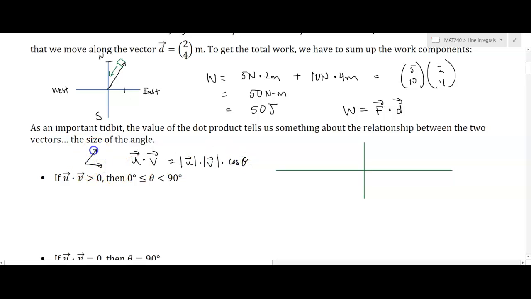So if this is u and v, then the angle between them, theta, connects the relationship between those vectors. One thing that we do know is that these magnitudes will always be positive. Now the dot product on the left-hand side could be zero, positive, or negative.